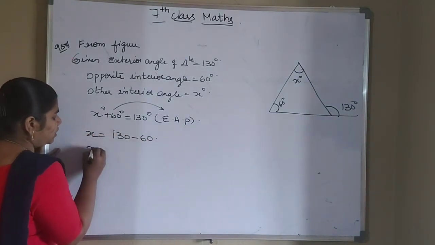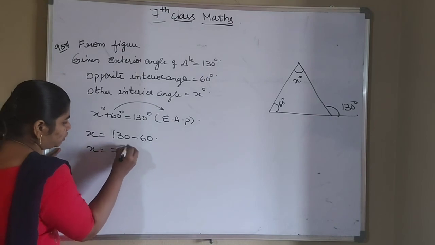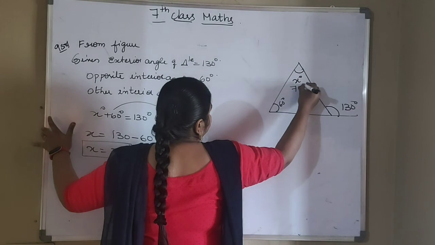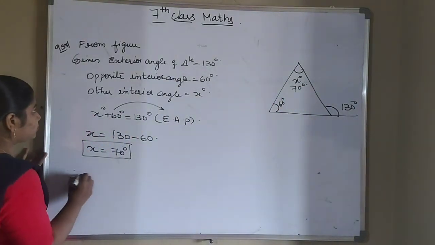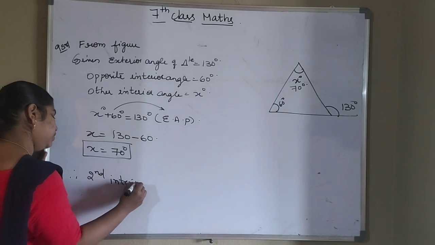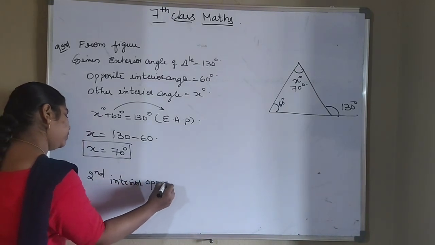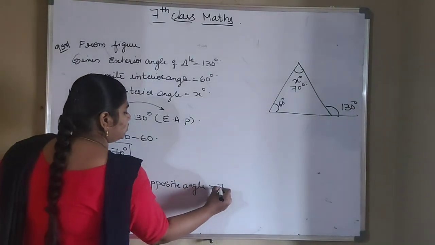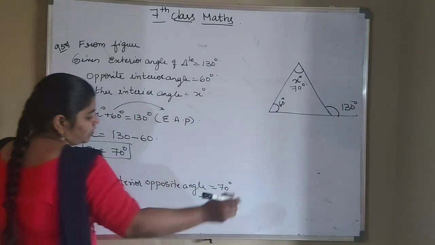So X will be equal to how much? 70 degrees. So the x value you got is 70. Therefore, the second interior opposite angle is equal to 70 degrees.